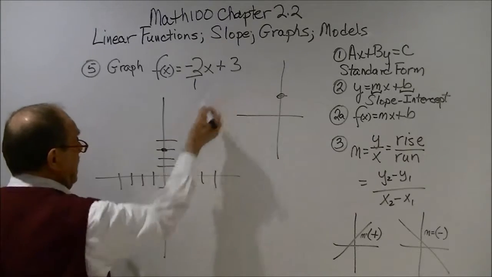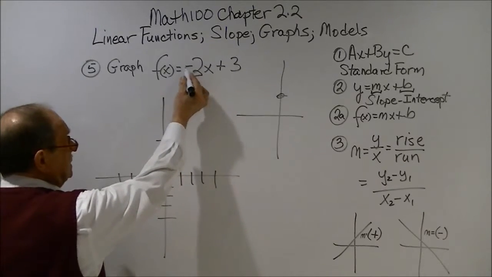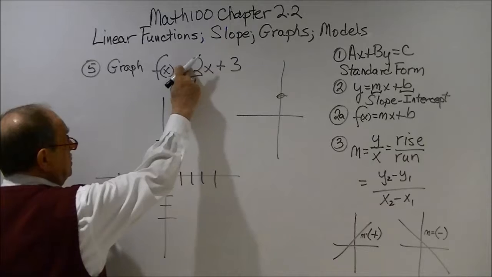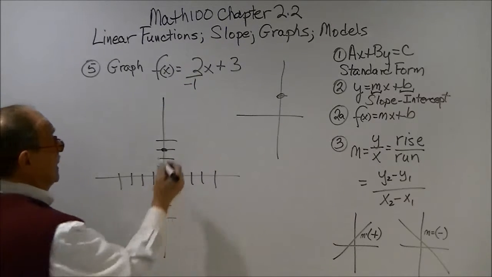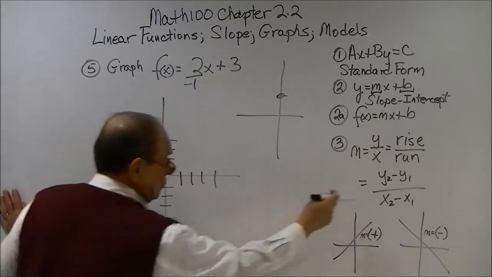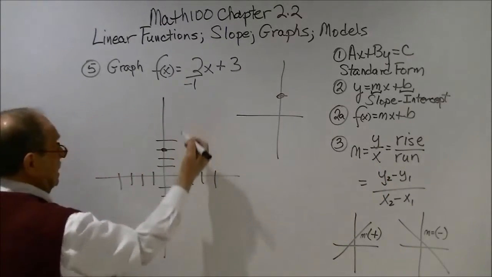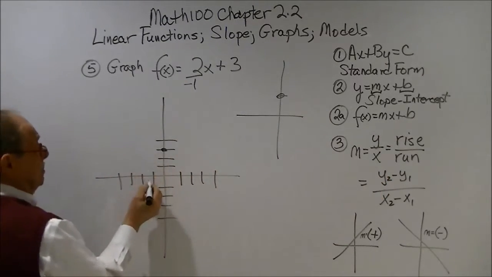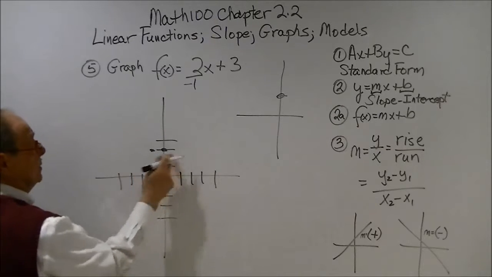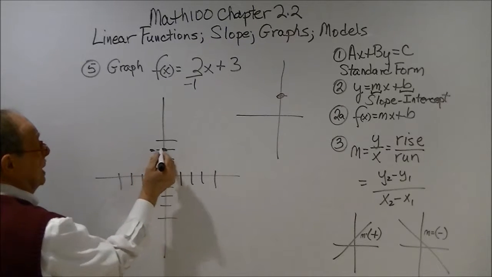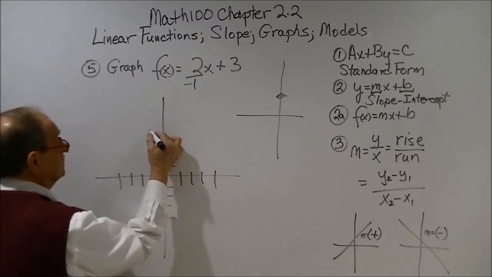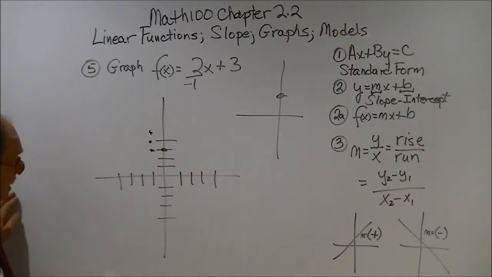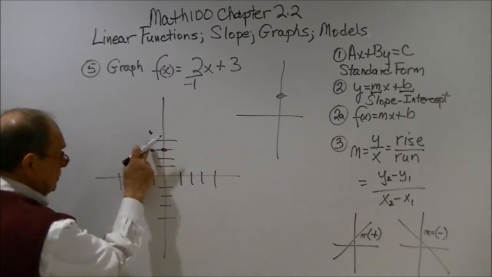So we put a dot at 3. Now this is negative. Now we could put the negative down here if we'd like. That's the way I like to do it. So our run is horizontal, 1 unit to the left, and then our rise up is 2 units. So we've made 2 points, and these we don't usually write.